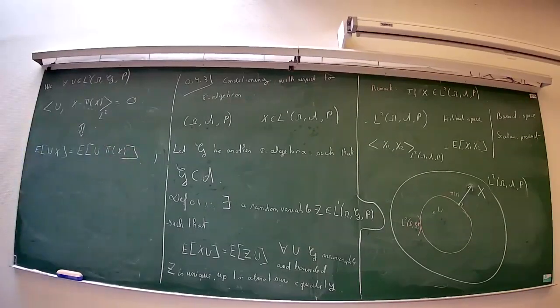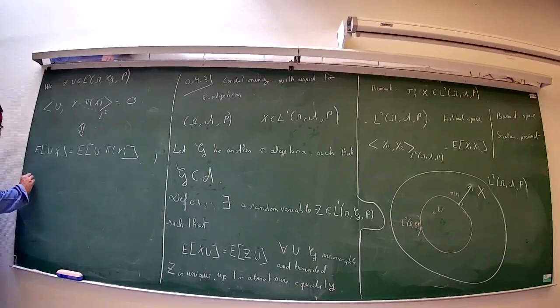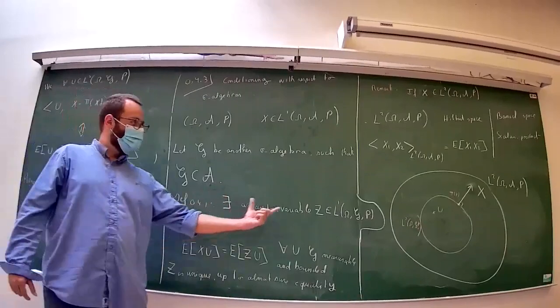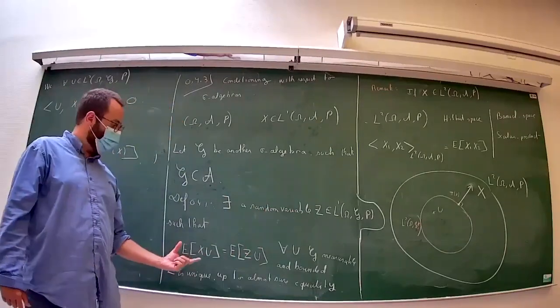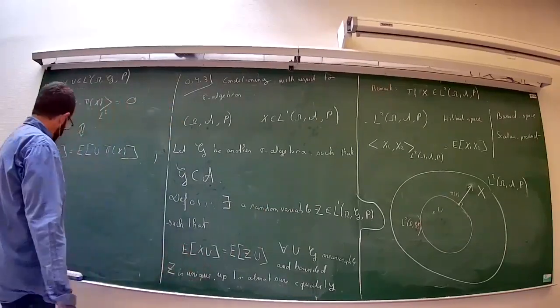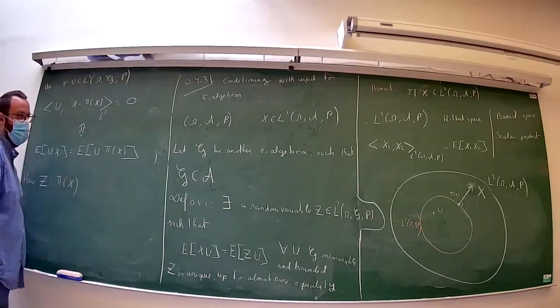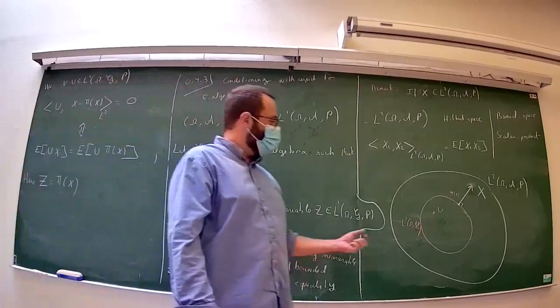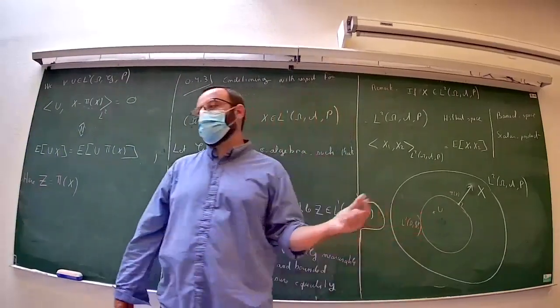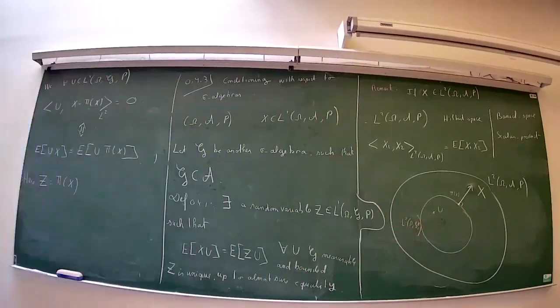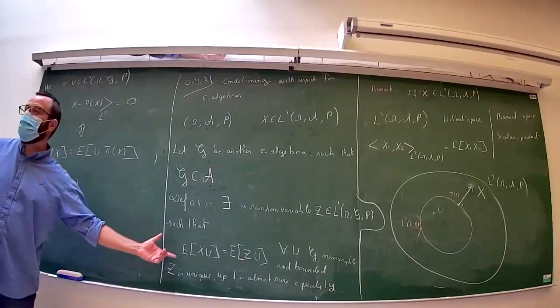And in this situation, in fact, the conditional expectation, that is the random variable G measurable fulfilling this one, is none other than the orthogonal projection of X on the space L2 of omega, G. And now it's interesting in order to have an intuition about this one.